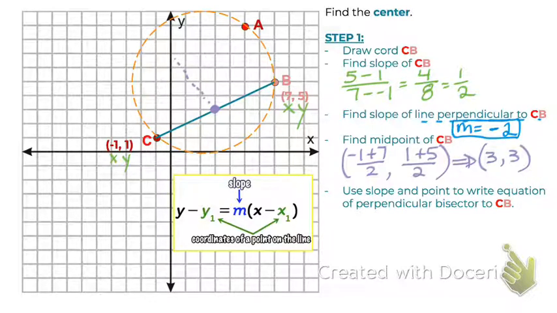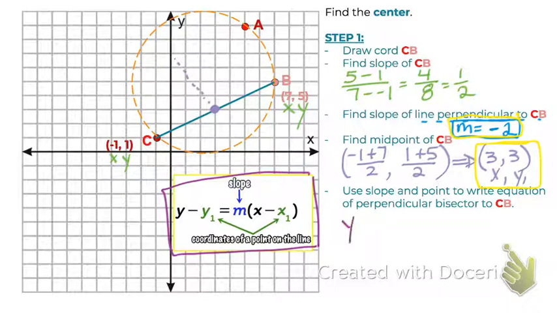We now want to come up with the equation of that line. So if you have a point and you have a slope, then you can write the equation of any line. So you use the slope, which is m, and then the point, which that midpoint we found, is our x1 and our y1. And I'm going to substitute those into this point slope formula.